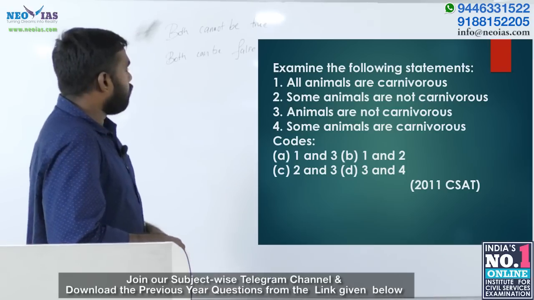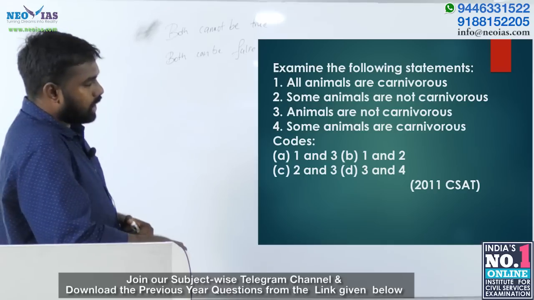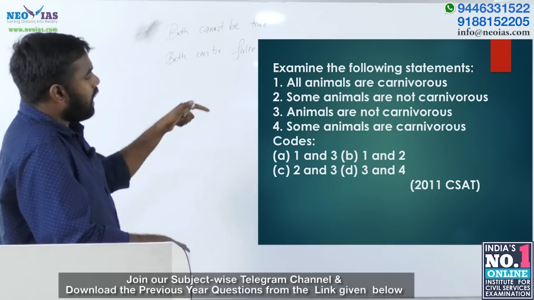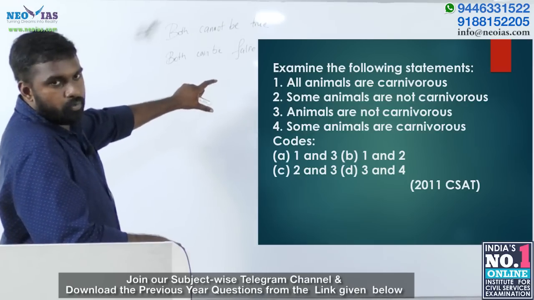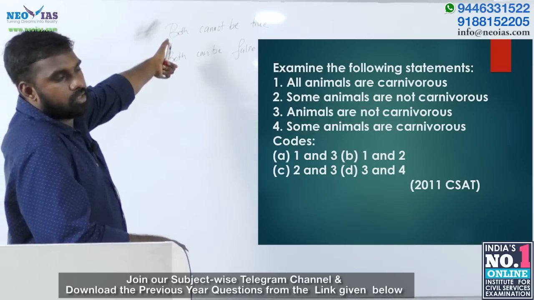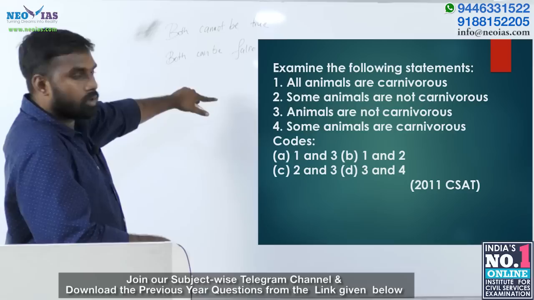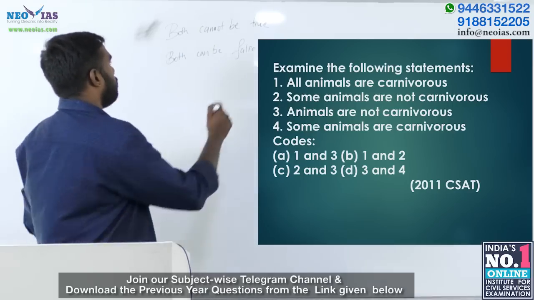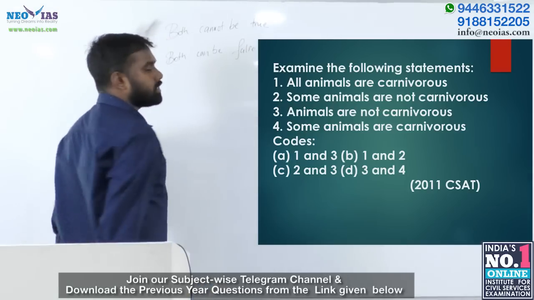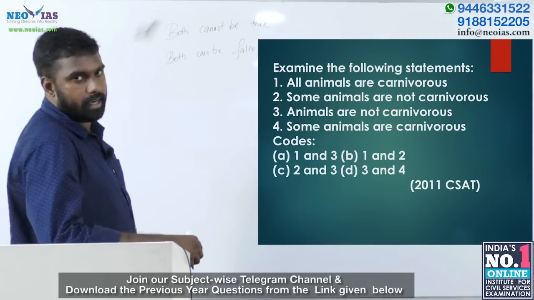What is 1? All animals are carnivorous. What is 3? Animals are not carnivorous. They are contradicting each other. The first one is telling that all are carnivorous, the second one is telling none is carnivorous. So these two cannot be true. This condition is satisfied.